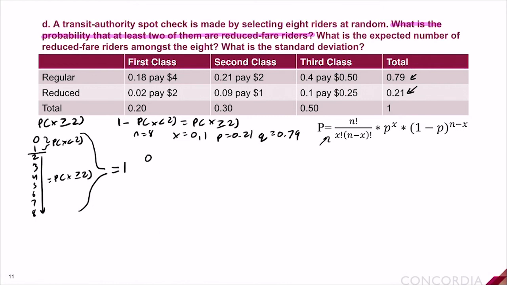We'll begin by using 0 and plugging our variables into our equation. 8 factorial over 0 factorial multiplied by 8 minus 0 factorial multiplied by 0.21 to the power of 0 multiplied by 0.79 to the power of 8, which would give us an answer of 0.1517.